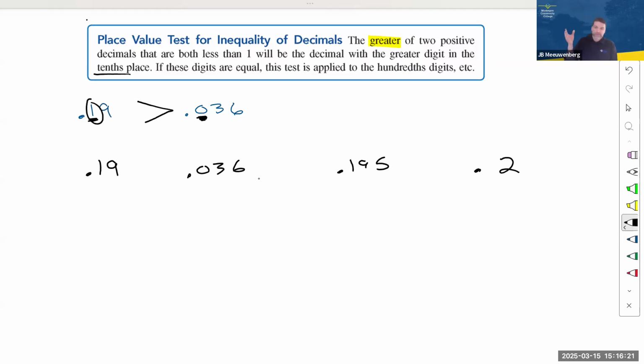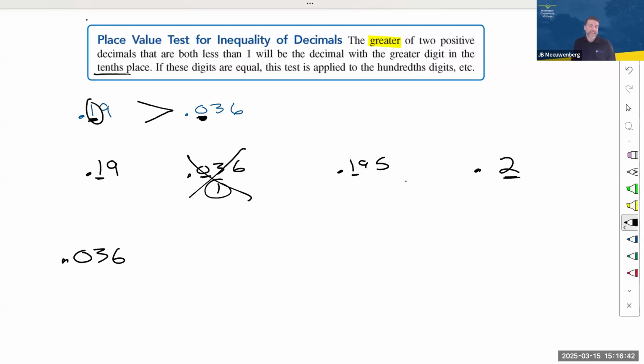If we use the place value test, we see that comparing the tenths places, we have a 1, a 0, a 1, and a 2. So this one must be the smallest number, 0.036. So we're done with that one. I'm just going to cross it off.